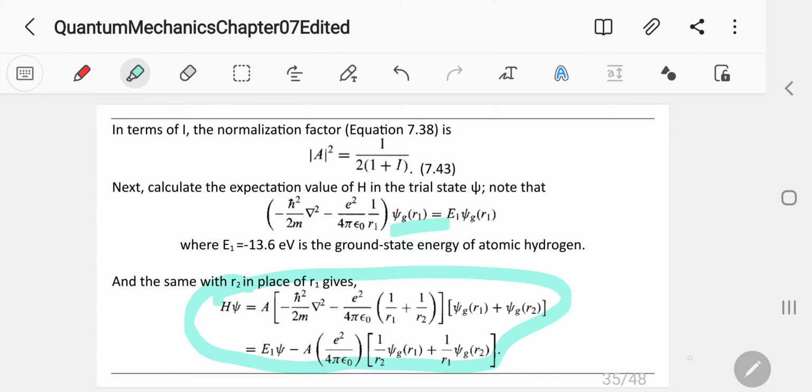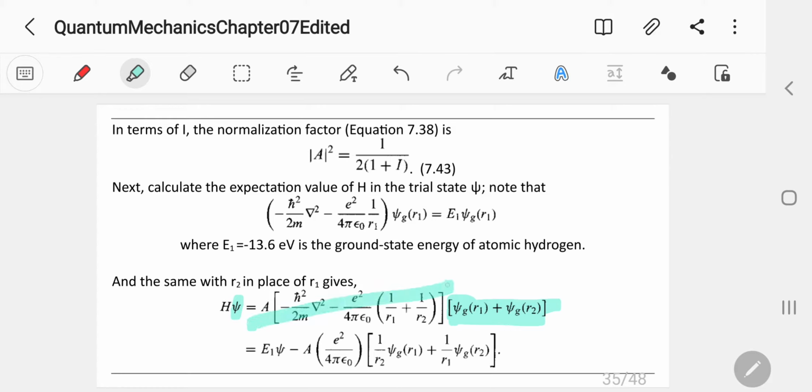So now you're applying your Hamiltonian to your trial function psi. Your psi is just equal to this one here, and of course your H would be this one here.